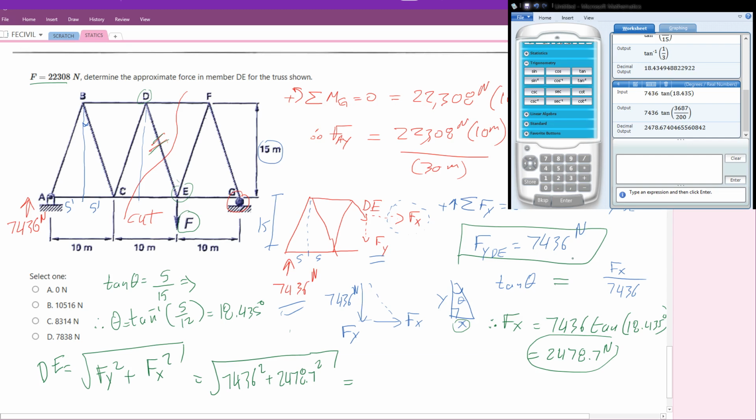Since the calculator is still there, you can calculate it real quick. We use the square root, or the parentheses: 7436 squared plus 2478.7 also squared, all to the power of 0.5.